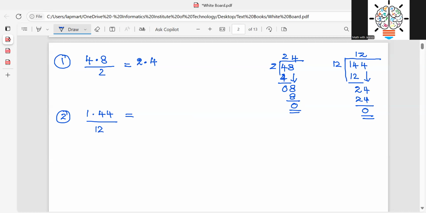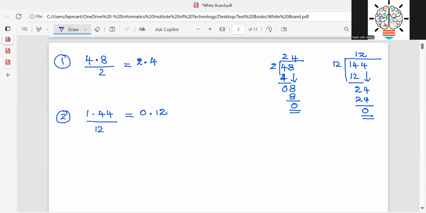But do we have 144 here? No, we have 1.44. That means the same digits here I have with 2 decimal places. Therefore, my answer also should be with 2 decimal places, 0.12. Hope it is clear for all of you.